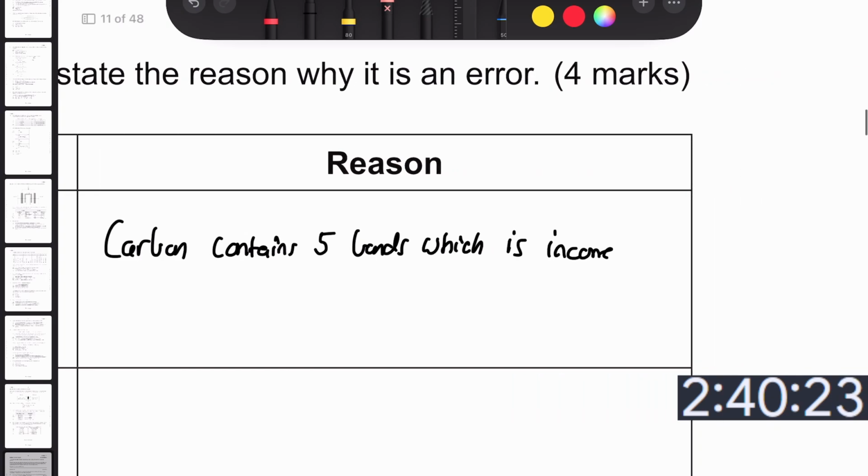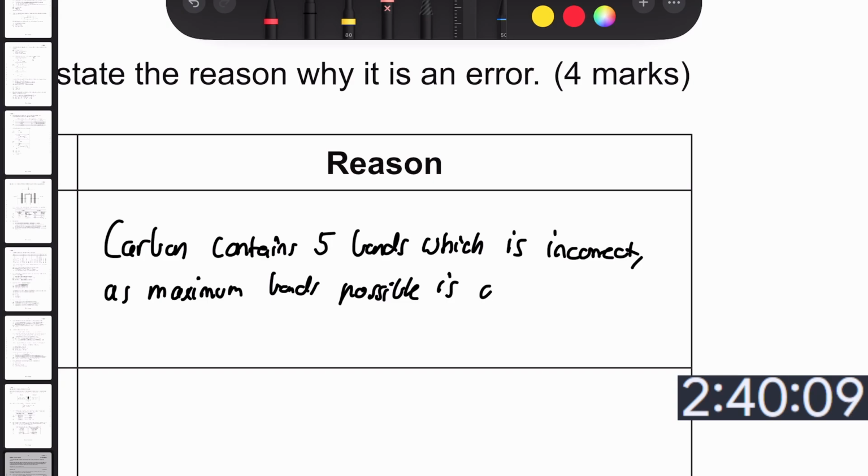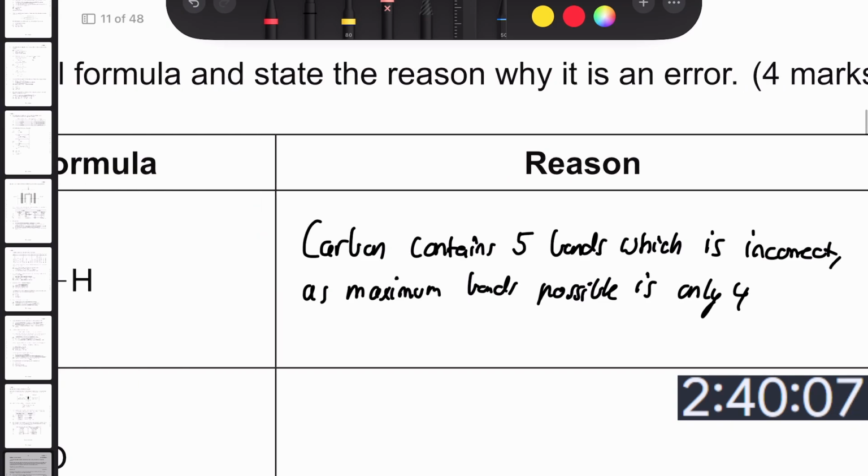Incorrect. I'll say incorrect. Its maximum is only 4. I'll say central carbon in circle.